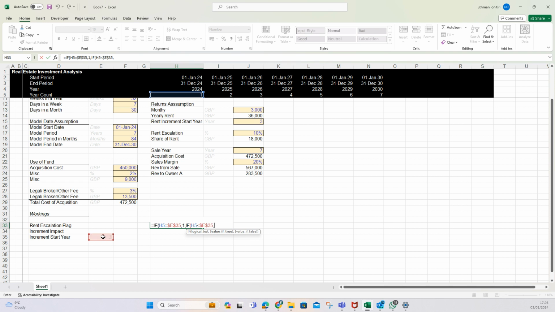So we say give me zero, otherwise OFFSET where I am, column zero, still where I am, and jump by 2 years. I'm going to explain it too, just a moment. It should work.